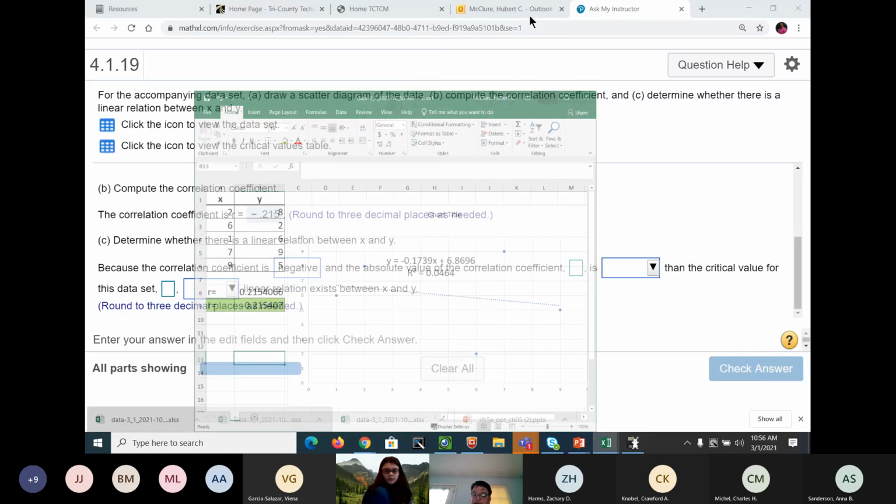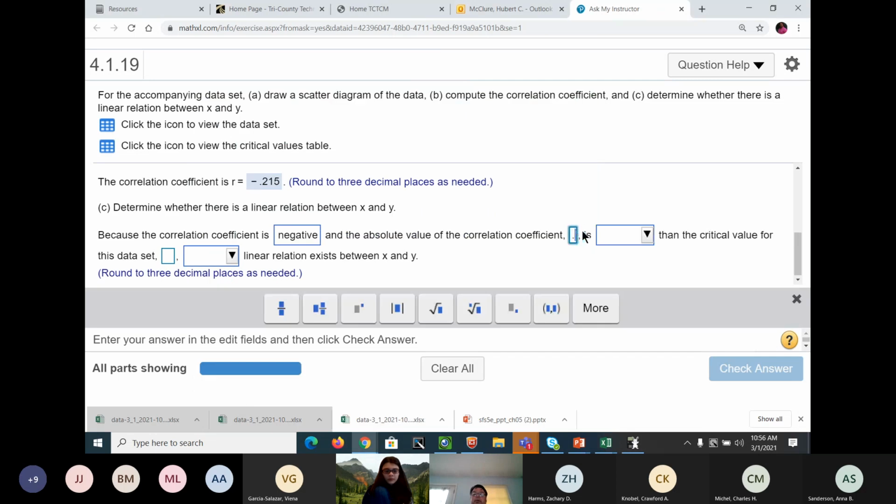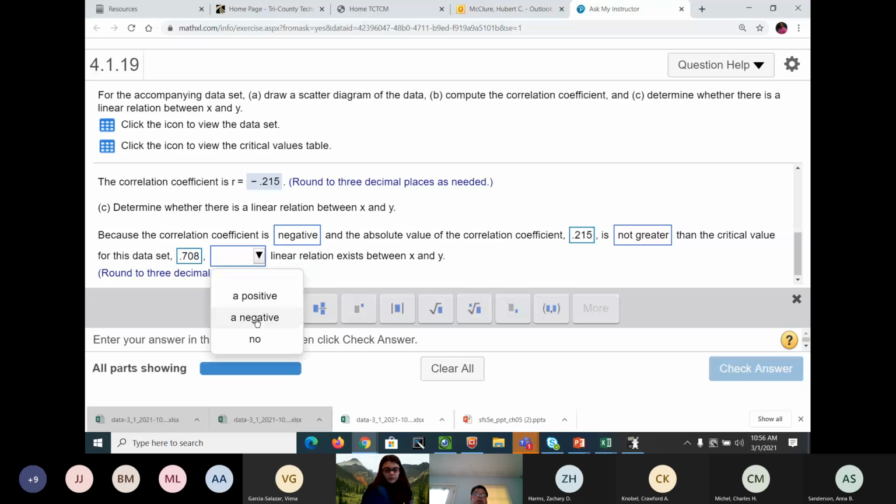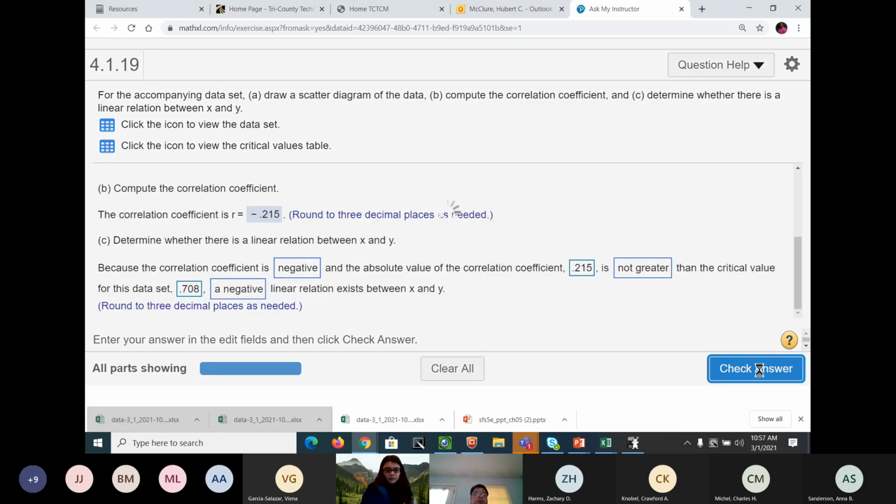So 0.215 is not greater than the critical value of 0.708? Yes, sir. Oh my Lord. 0.708. A negative linear because it is not greater. It is below the 0.708. Oops, I got it wrong.